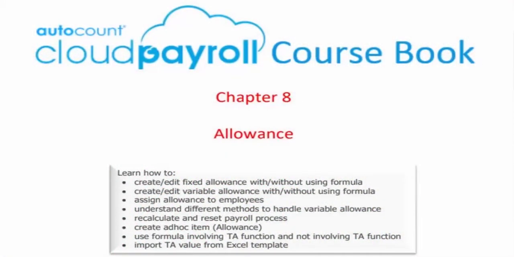Chapter 8 Allowance. In this chapter, you will learn how to create or edit fixed asset allowance with or without using formula, create or edit variable allowance with or without using formula, assign allowance to employees, understand different methods to handle variable allowance, recalculate and reset payroll process, create ad hoc item for allowance, use formula involving time attendance function and not involving time attendance function.